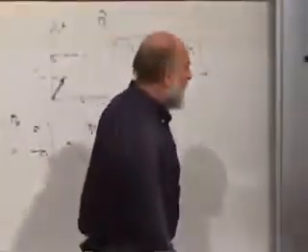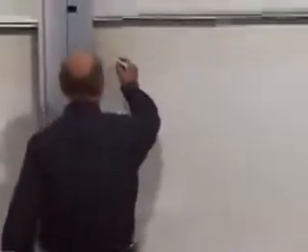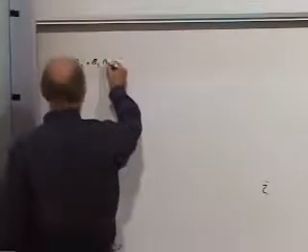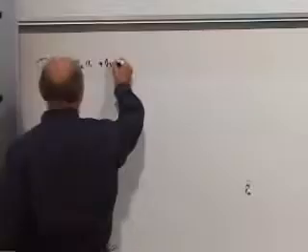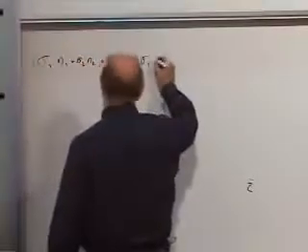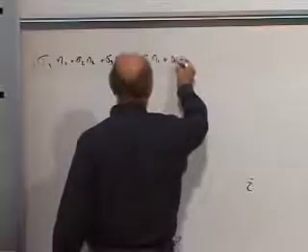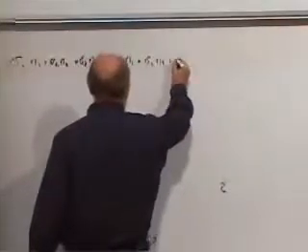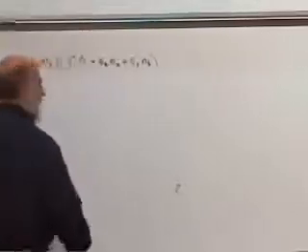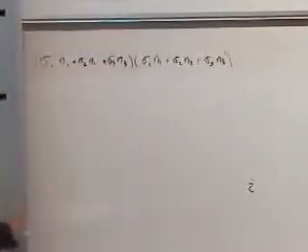What do we get? Well, let's write it out. Sigma 1 n1 plus sigma 2 n2 plus sigma 3 n3 times sigma 1 n1 plus sigma 2 n2 plus sigma 3 n3. Let's multiply. We're going to get a whole slew of terms. All right?